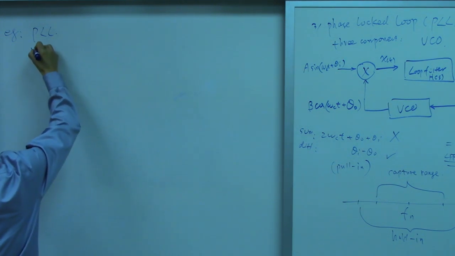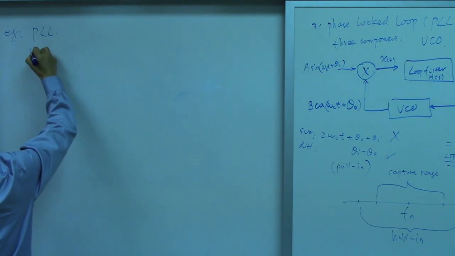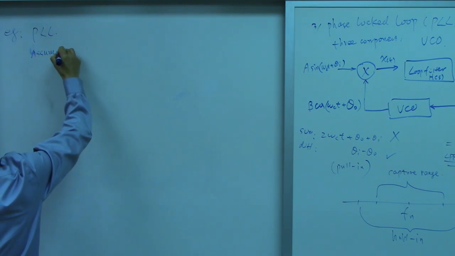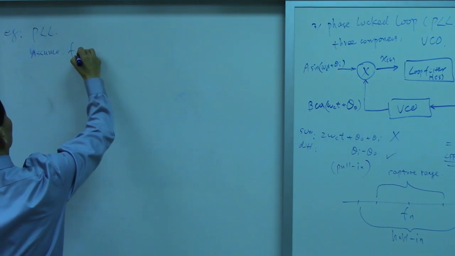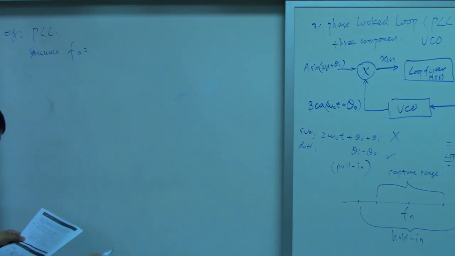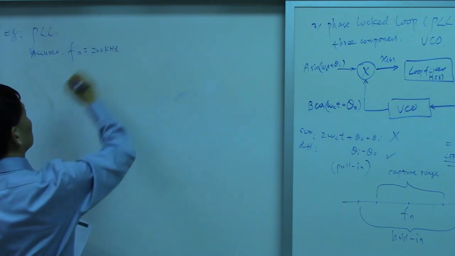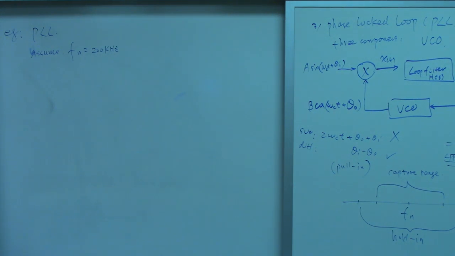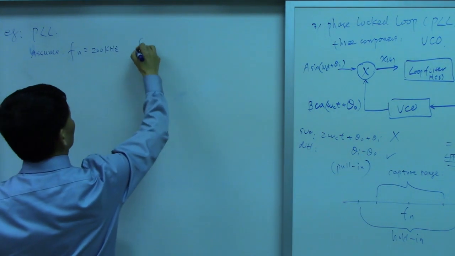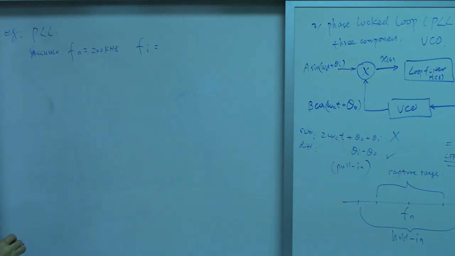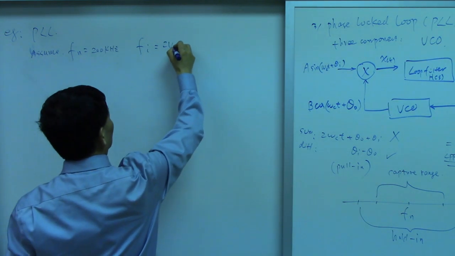Suppose the natural frequency for the VCO equals 200K, and the external input frequency equals 210.